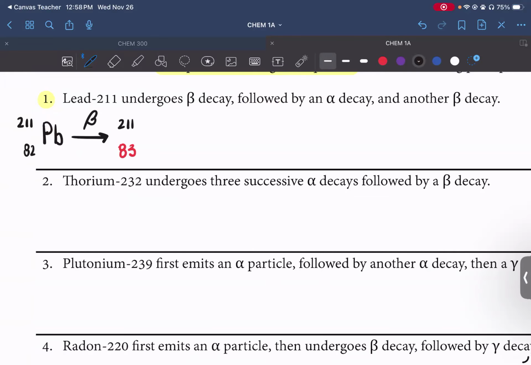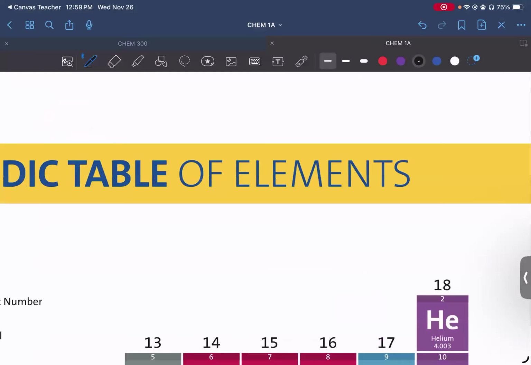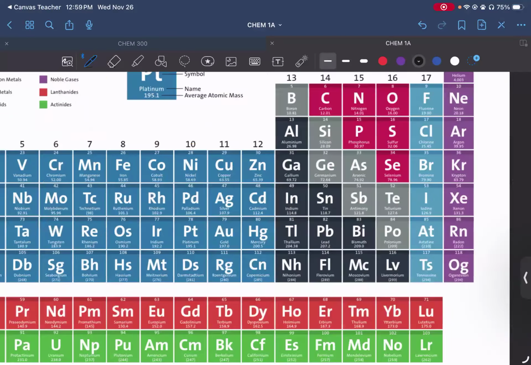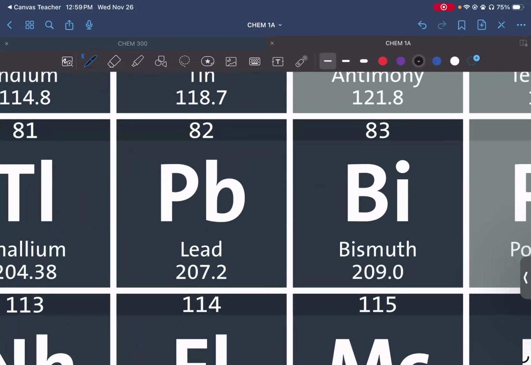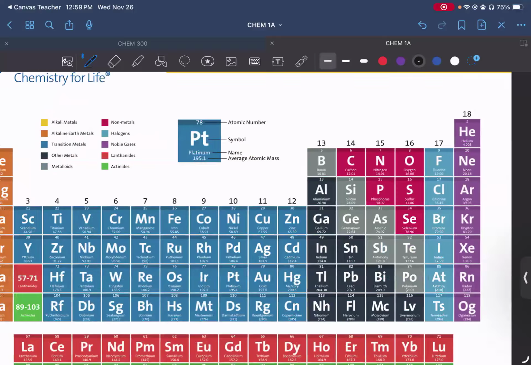Nothing happens to the mass. Since the atomic number changes, the atom changes. So we have to identify atom number 83. Fortunately, the periodic table is in order. So number 83 is right after number 82. We see here that this is bismuth, Bi.